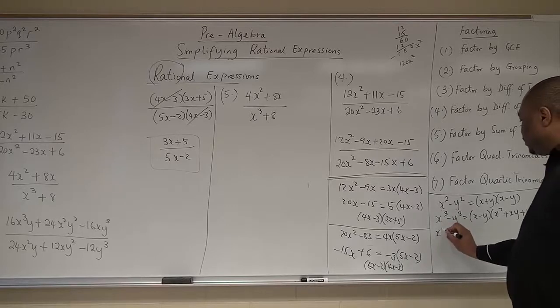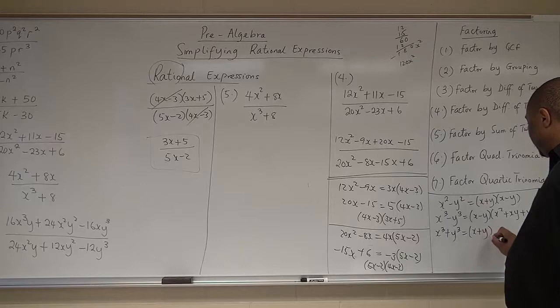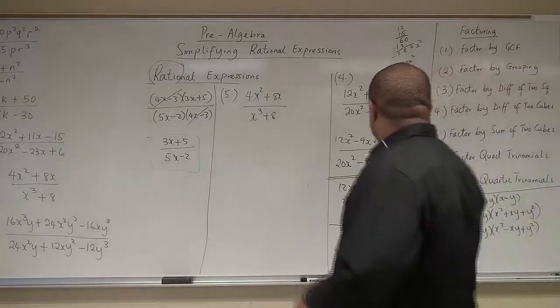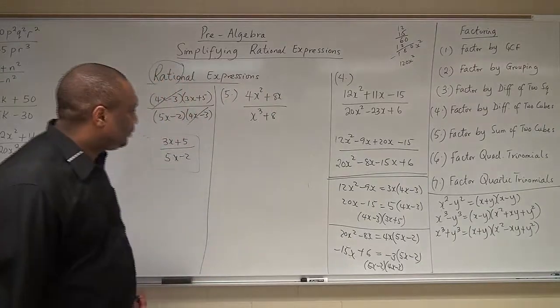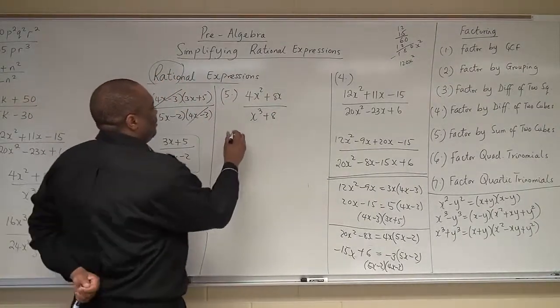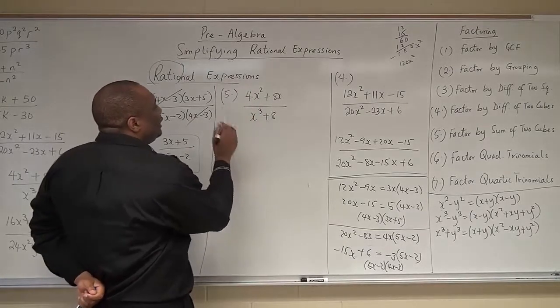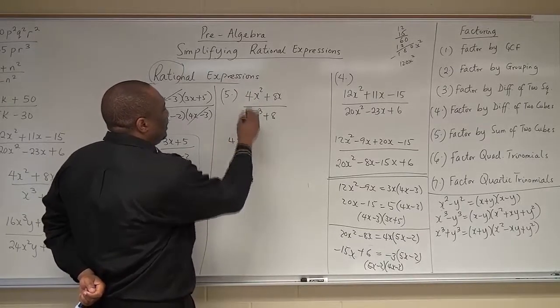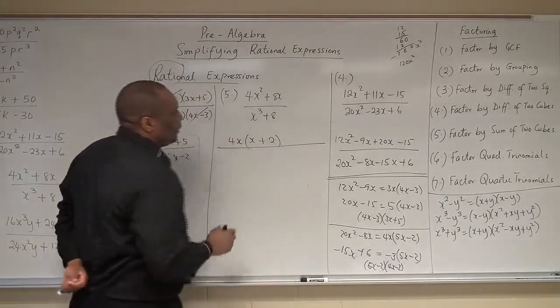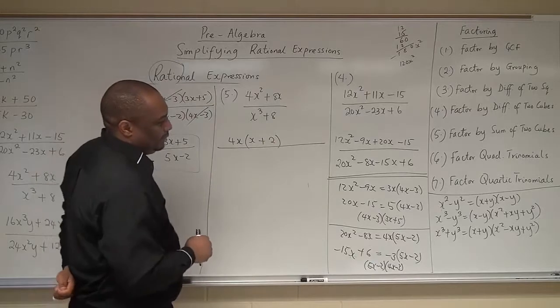Sum of 2 cubes: x cubed plus y cubed is x plus y times x squared minus xy plus y squared. This is something we have done videos on, so you can view it. Now the numerator's GCF is 4x, and what is remaining? x plus 2. All over x cubed plus 8.